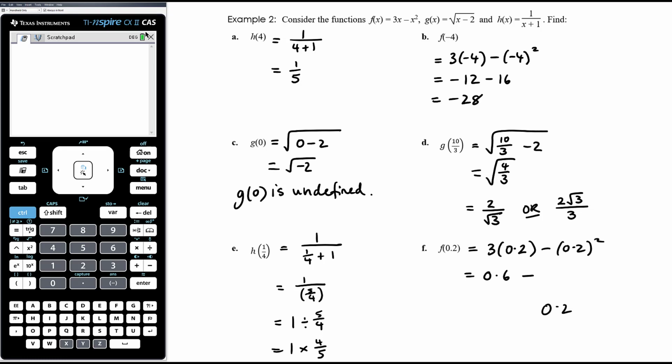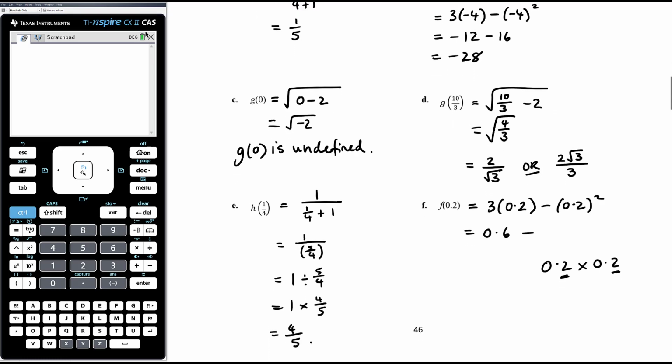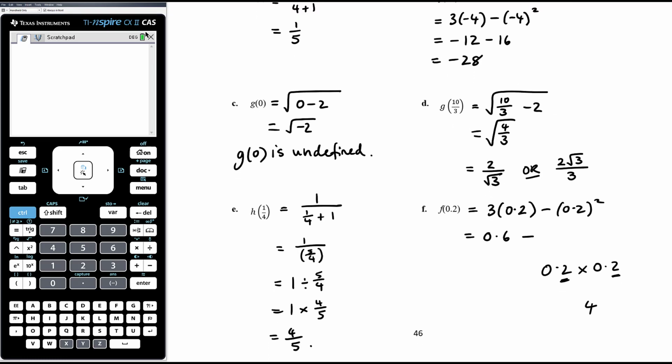If 0.2 squared is 0.2 times 0.2, there are 2 digits after the decimal place in that multiplication, so your answer needs to have 2 digits after the decimal place. Okay, so it has to be 4, but it has to be 4 so that you have 2 digits after the decimal place, so 0.04. 0.6 minus 0.04 is 0.56.